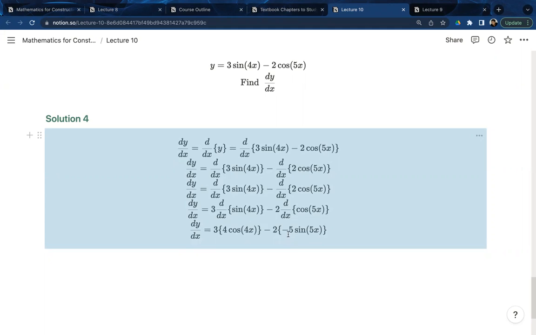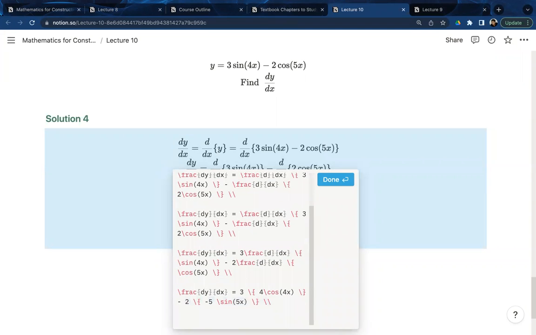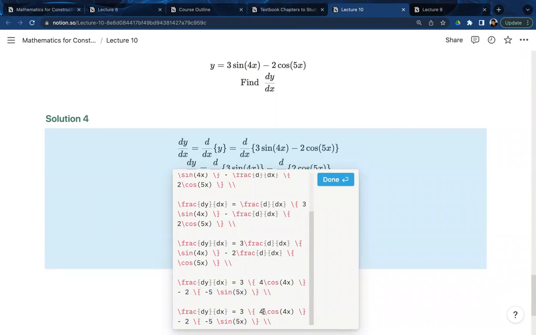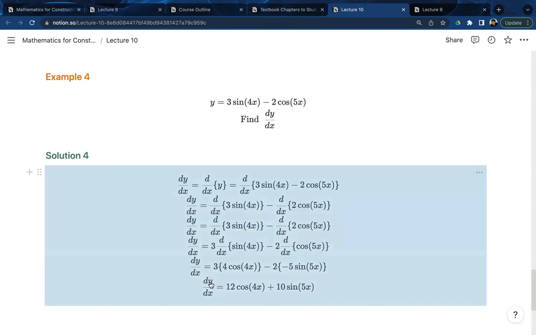And now we could simplify these quantities here a bit. So now we have 3 4s are 12, and minus 2 by minus 5 is plus 10. So 12 cos 4x and 10 sine 5x. That's the gradient function. That's what I asked you to find, the gradient function, okay?